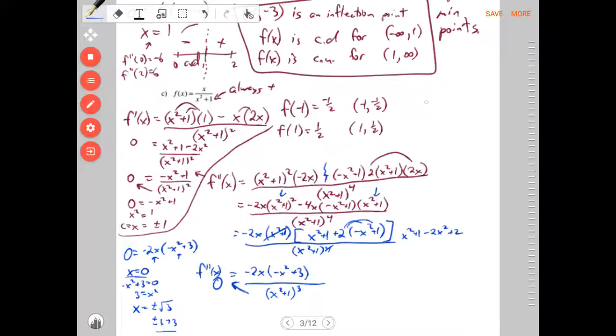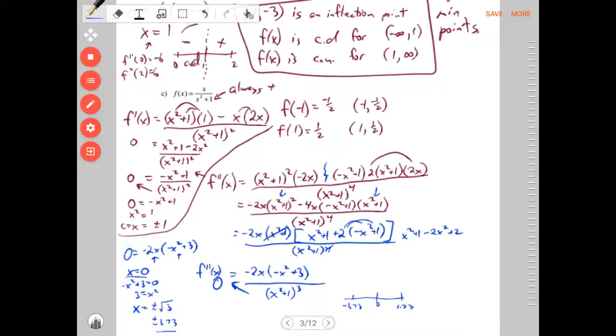All right, so we have put our regions of concavity down here. We have negative 1.73, or negative root 3, a 0, and a positive 1.73.